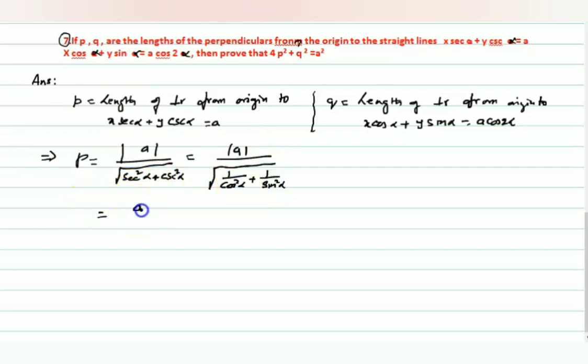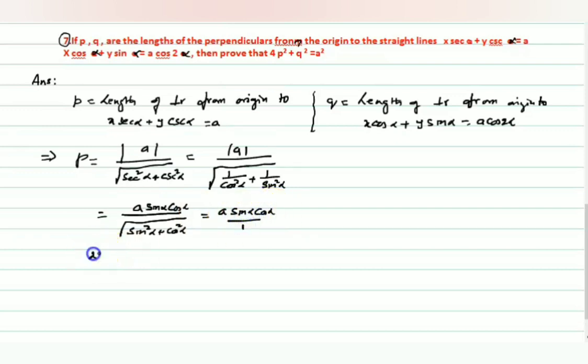So that is nothing but a by root of sin square alpha plus cos square alpha by cos square sin square. The root becomes cos sin, which comes to the numerator as sin alpha cos alpha. What is sin square alpha plus cos square alpha? It becomes 1. So this becomes a sin alpha cos alpha by 1.